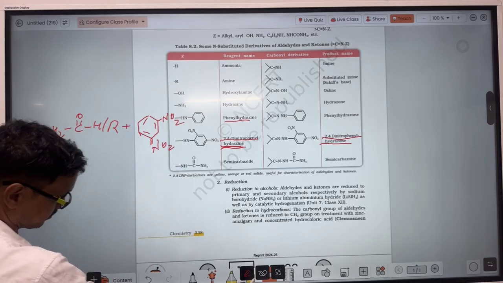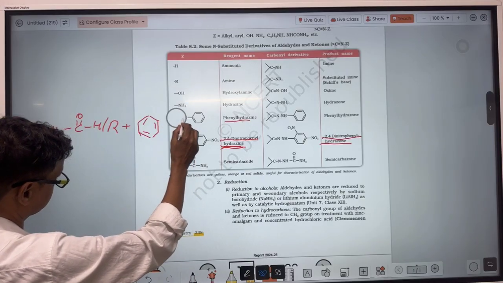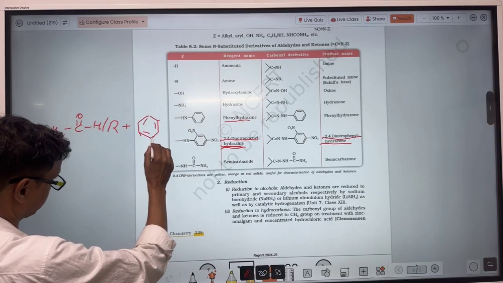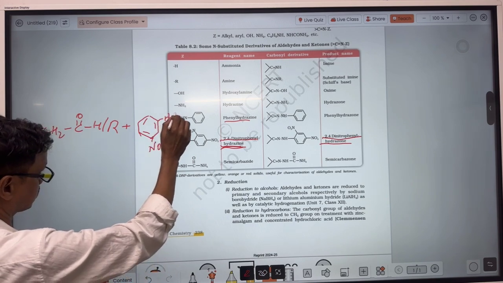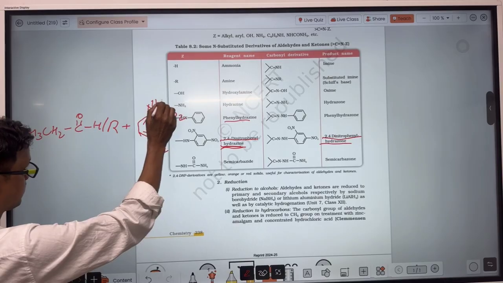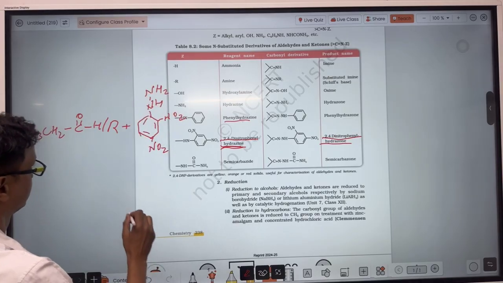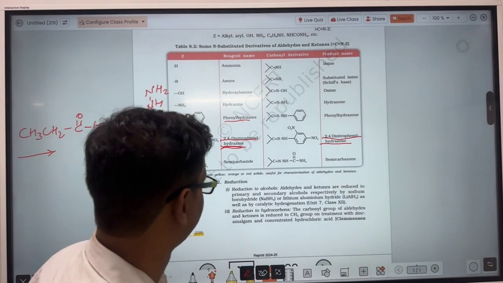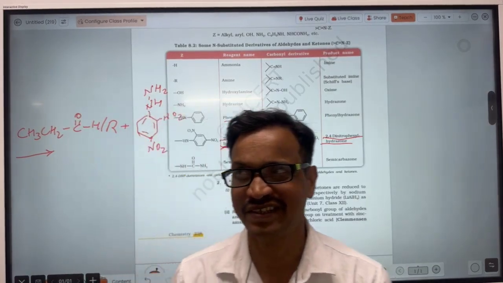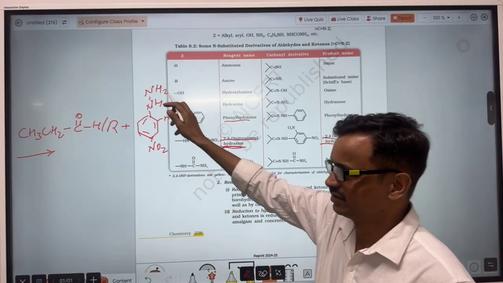And then hydrazine, so NH, NH2. You already know the same procedure, but let's see what the use of 2,4-diphenylhydrazine is here.